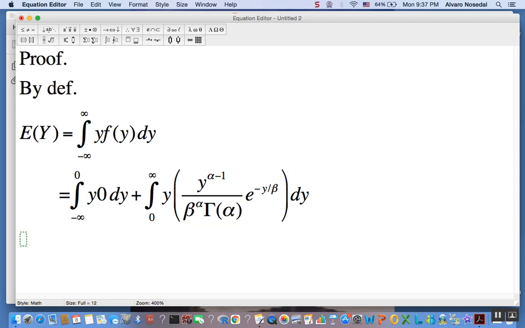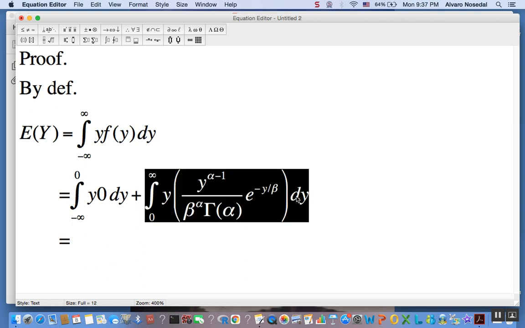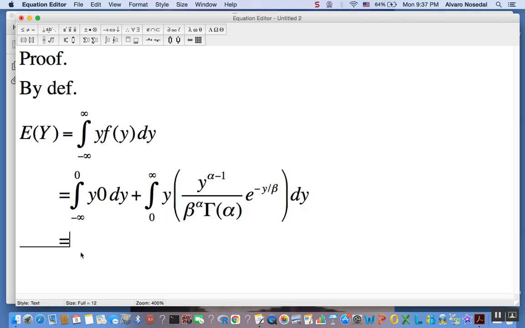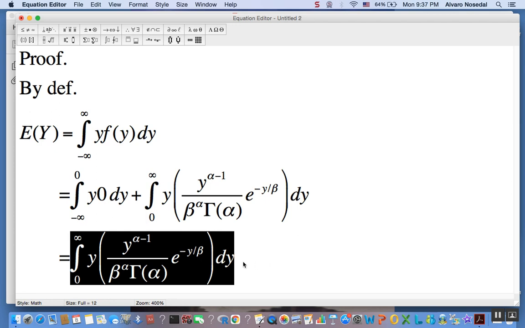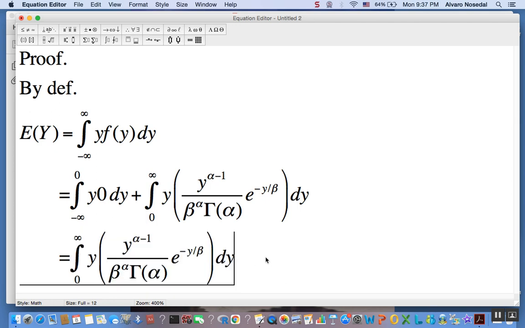So the second integral is the one that matters. So let me just copy paste that one here, and we're going to see if there's something that we can do to simplify that expression. So first, what if we do this multiplication, y times y to the alpha minus 1?